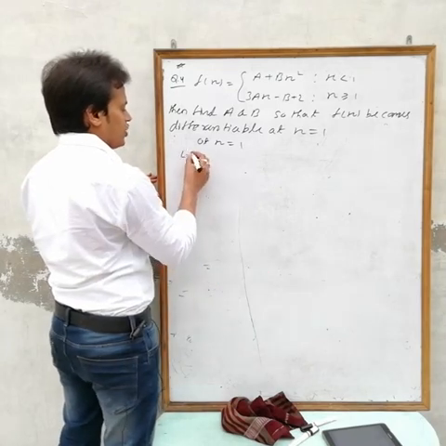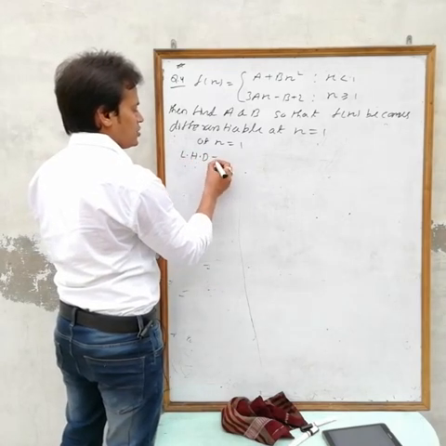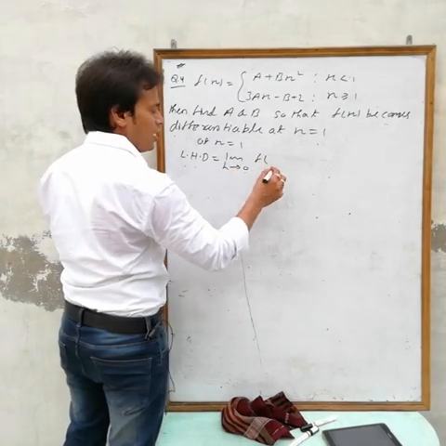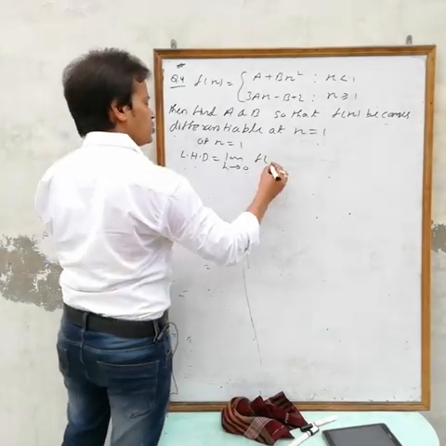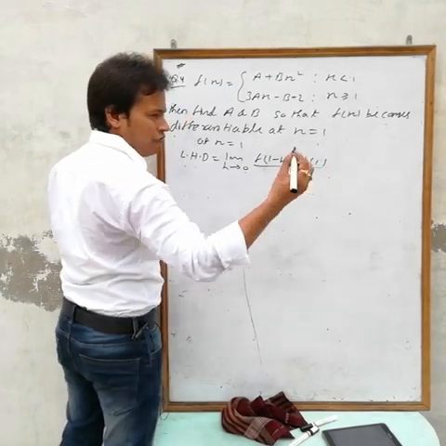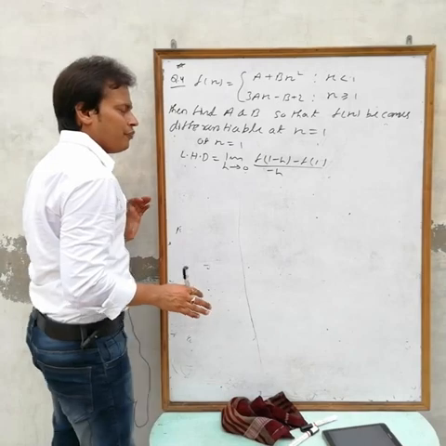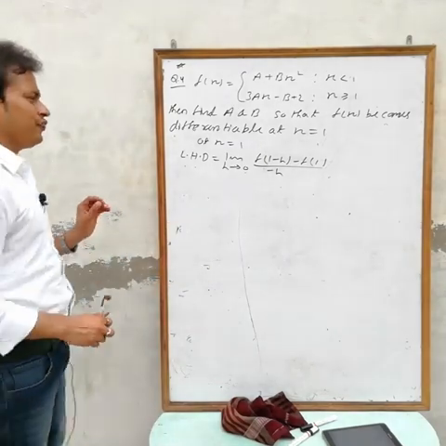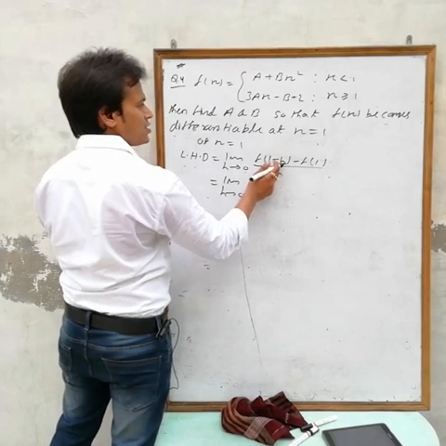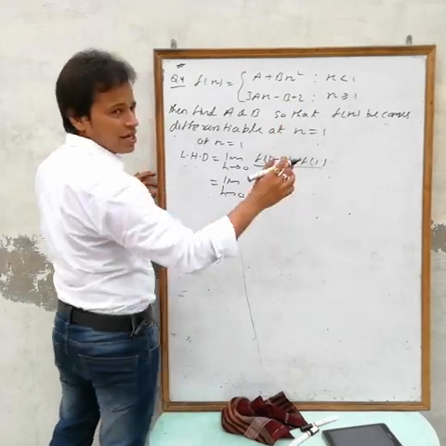Okay, first find LHD. LHD is limit h tending to 0, f(a minus h), a is 1, f(1 minus h) minus f(1) by minus h. Okay, now just find the value. If you put values, limit h tending to 0, here x is less than 1, 1 minus h is less than 1.